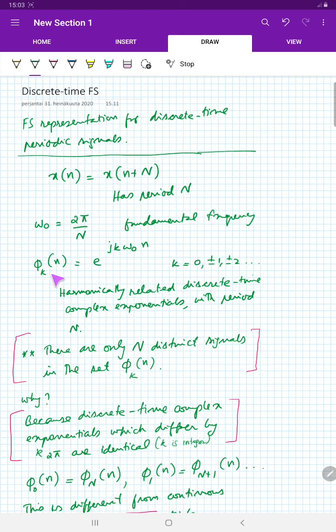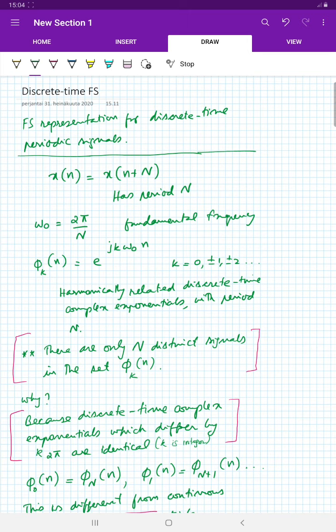so that every element in this set is obtained by giving integer values to k. The elements in this set are all multiples of the fundamental frequency, e raised to j omega naught n, which forms the base signal with the fundamental period. All the signals in this set are periodic with the period N, the period of the fundamental.